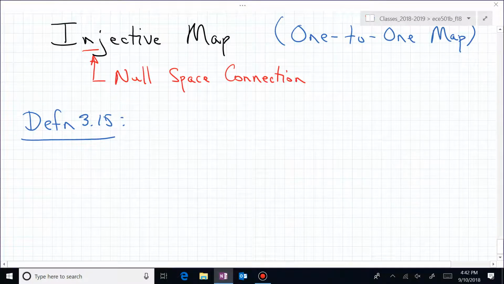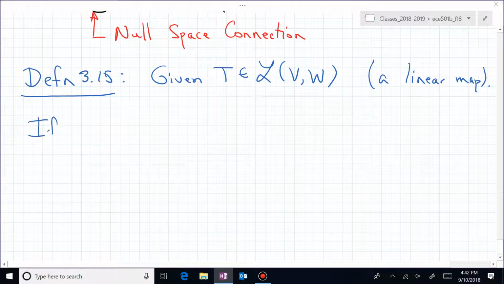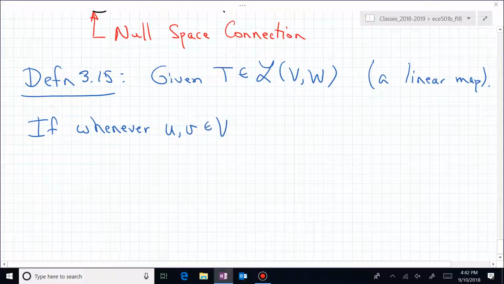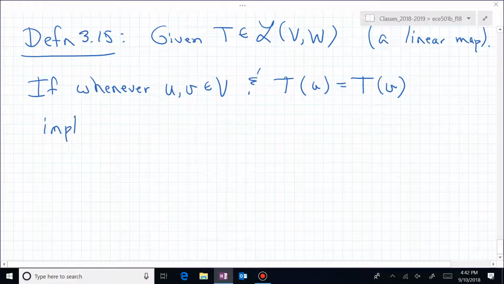via a definition. Given T, that's an element of this set of linear maps going from V to W, that's a given. So we're given a linear map. If whenever u and v belong to our input vector space V, and T of u maps to the same output vector as T of v, so T of u is equal to T of v, whenever that implies u is equal to v, that's our definition.